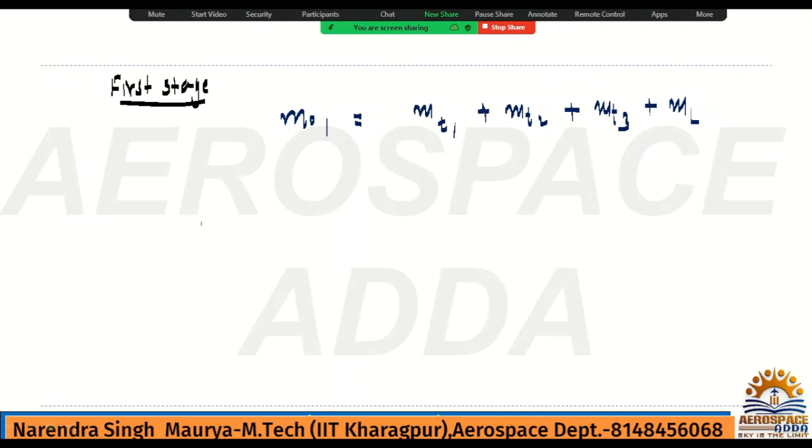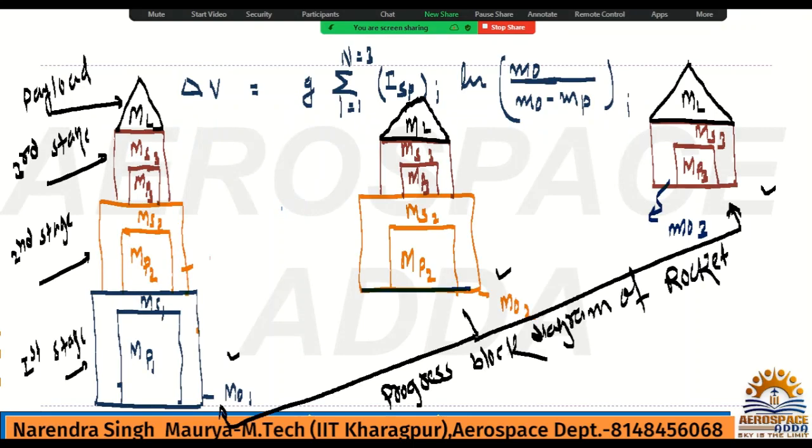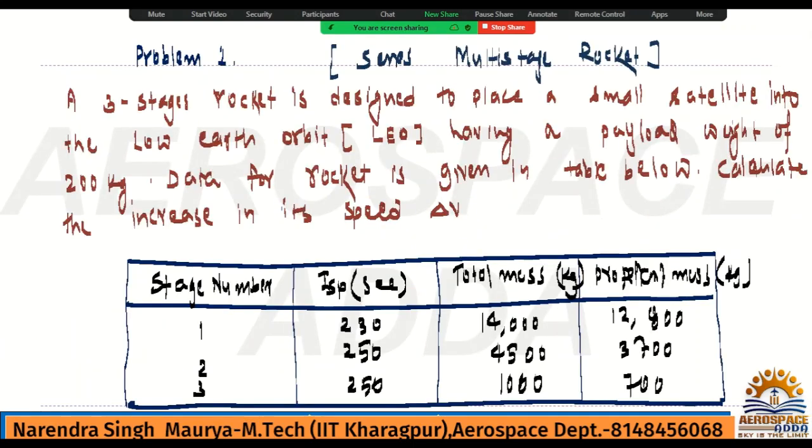This is the total mass. Check what is the m01, what is the mt1. Check the table. Total mass is this one, 14,000, 4,500 and 1,000, and the payload mass given here is 200 kg. So we'll add all.